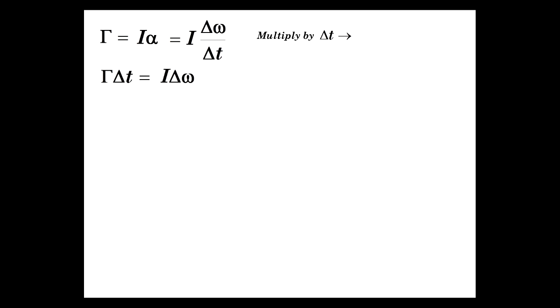And now we're going to take a look at how torque and angular momentum relate to each other. So we have torque is I alpha, which is I delta omega over delta t. Let's multiply both sides by delta t. So we get torque delta t is I delta omega. Now torque delta t has got a special name, and it is, just like force times time, it's impulse, but it's J theta, J sub theta.